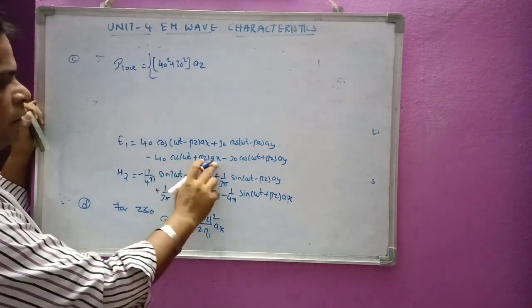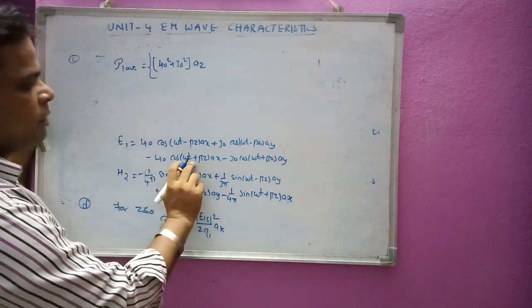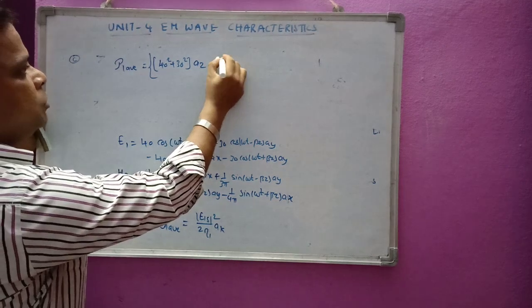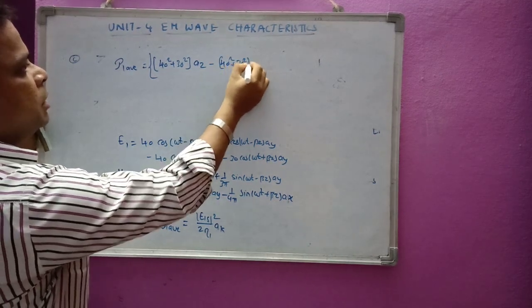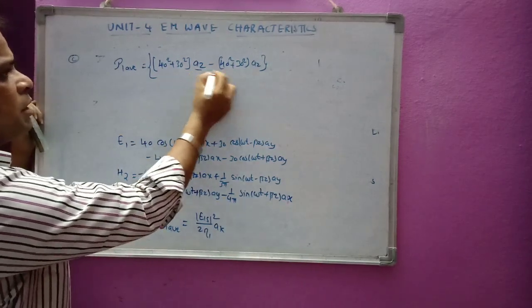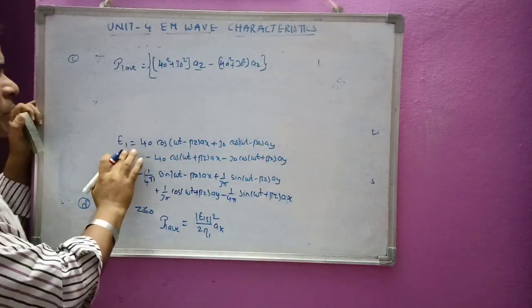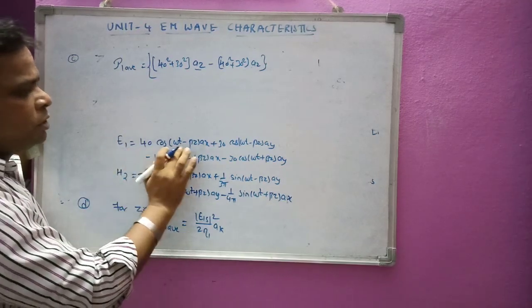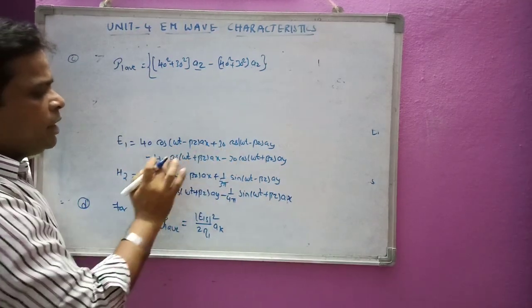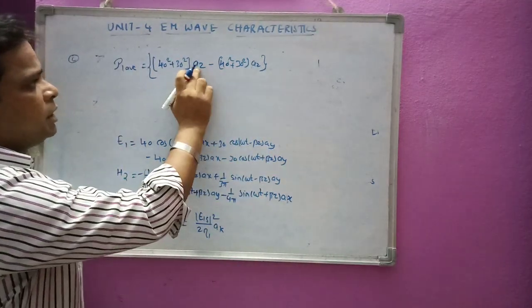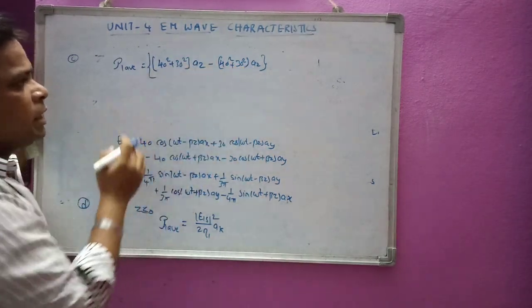And the wave is also propagating in the negative z direction, so I will take minus 40 squared plus 30 squared into minus AZ. So we understand why I am taking here plus AZ and minus AZ. E1 is the field composed of incident electric field and reflected electric field. Incident electric field is in the positive z direction and reflected field is in the negative z direction.